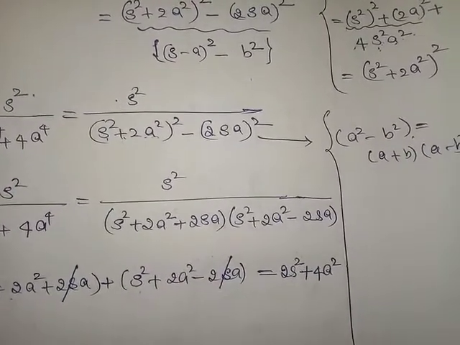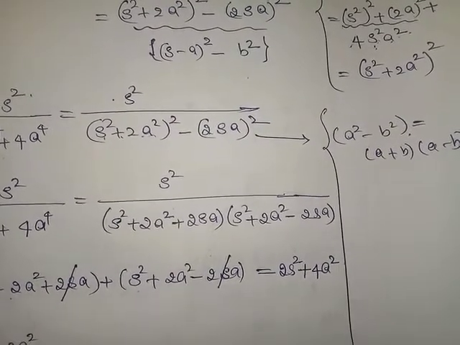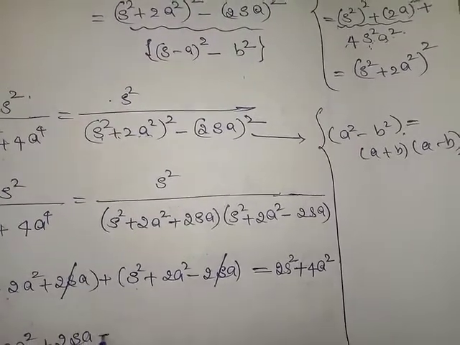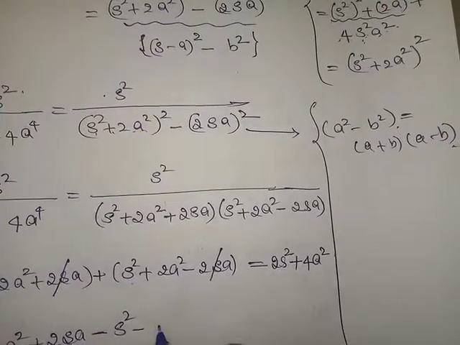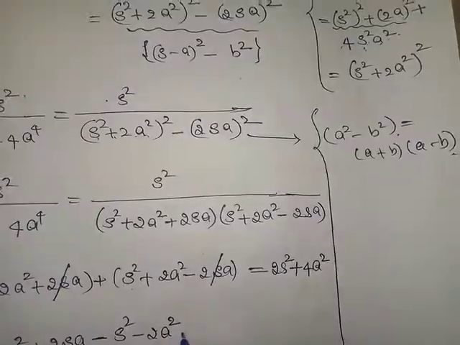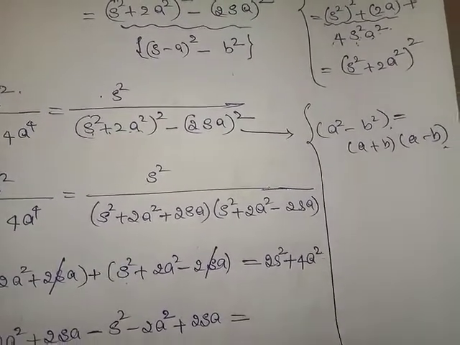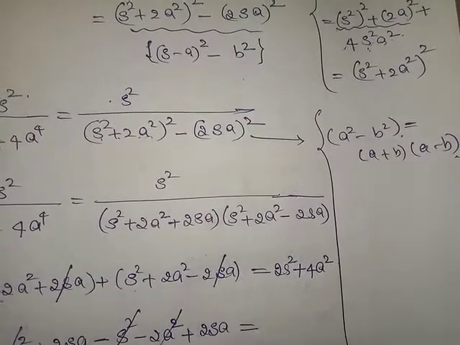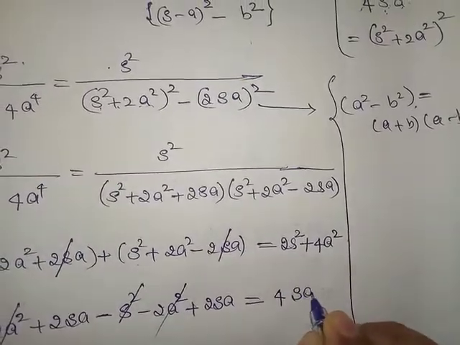So I will consider (s² + 2a² + 2sa) minus (s² + 2a² − 2sa). Here it is s² minus s² cancel, 2a² minus 2a² cancel, minus into minus gives plus 2sa, so the remaining is 4sa.